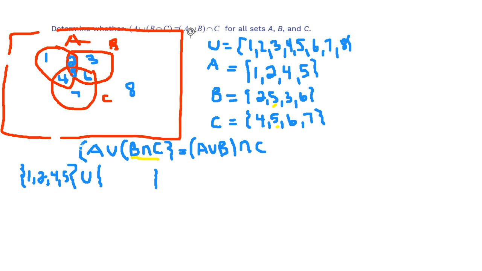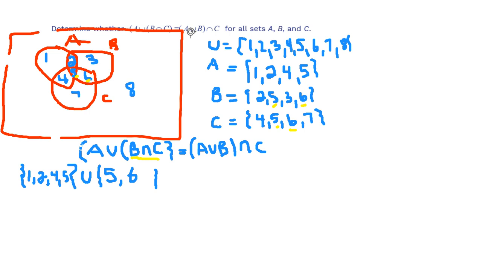So let me write down 5. And they also have 6 in common, right? So we're looking at 5 and 6. So now we have 1, 2, 4, 5 union with 5 and 6.